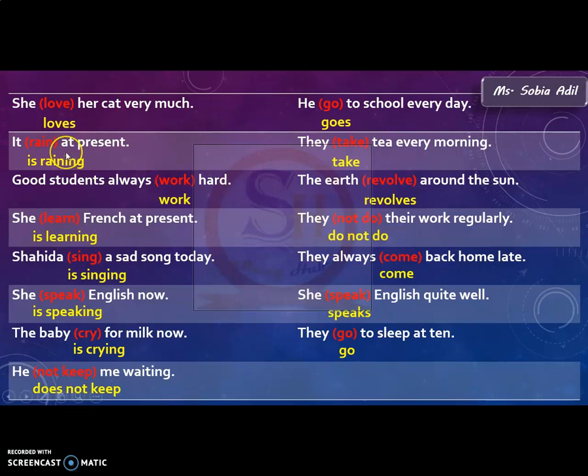I told you that present indefinite tense talks about actions that we do on a daily basis. That can be a factual statement, or a daily routine or habitual activity, right? Present continuous tense talks about an action that is going on at present time.